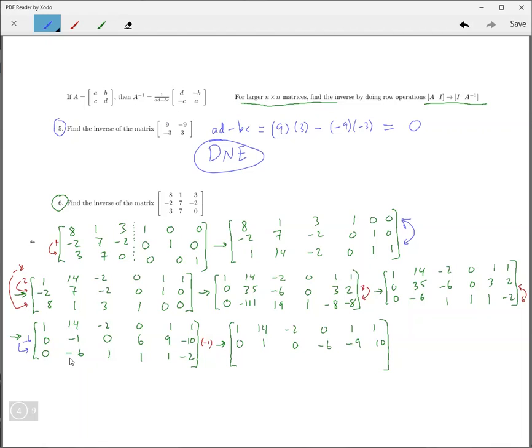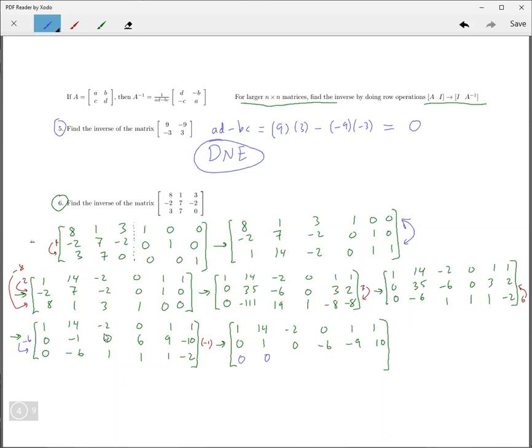Those are 2 steps. If I do them both together, then it's the same as if I did one and then I did the other. And I did something similar. I can multiply this by 6 and add to the bottom row. Or I can multiply this by negative 6 and add to the bottom. It's the same thing. Okay, so negative 6 times negative 1 is positive 6 plus 6 is 0, so that's 0.